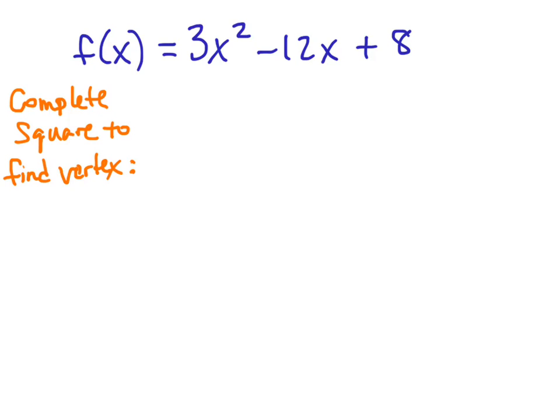Complete the square to find the vertex. If we have an equation in standard form, one way to find the vertex would be to complete the square. First thing we need to do, let's move the c to the other side.